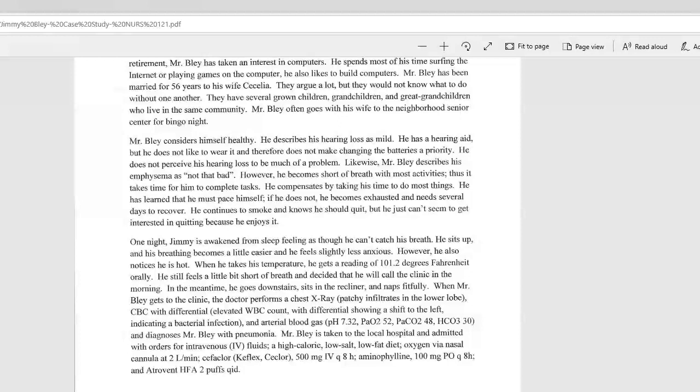I think positioning, encouraging coughing and deep breathing, maybe some respiratory treatments, making sure he's getting plenty of fluids. He's got a high fever. We want to obviously assess intake and output, being that he's older. And we don't want him to become dehydrated because that's a very high risk for a patient at his age.